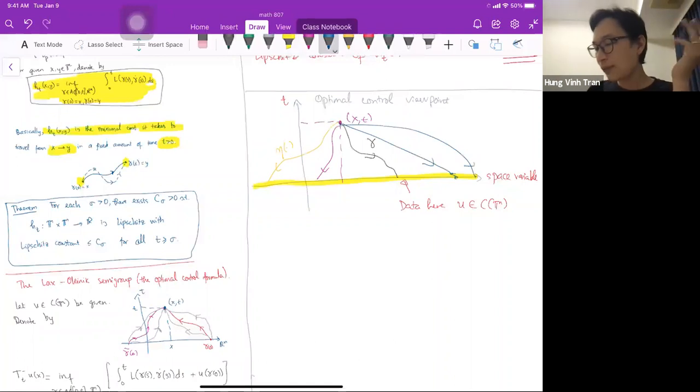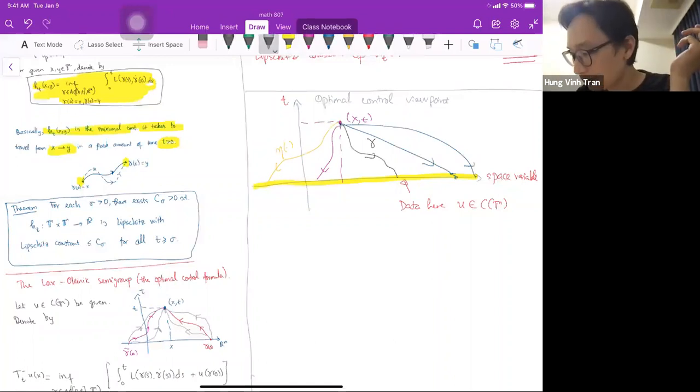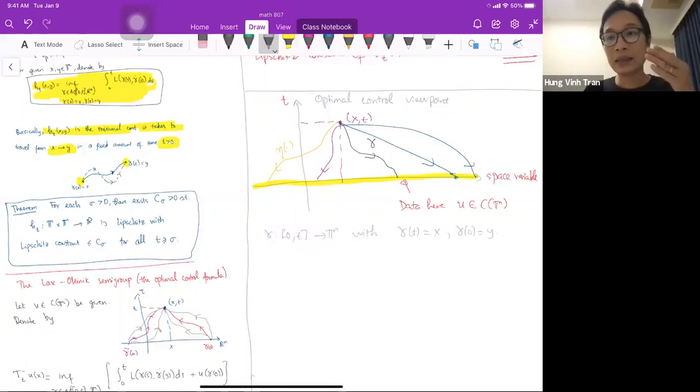Okay, so if we go along the curve gamma, I would have gamma mapping from [0,t] with gamma(t) equals x. And typically I would say that gamma(0) equals y, it doesn't matter. The optimal control framework is that if you run along that path, you can imagine that you are driving along the path, or controlling your boat or whatever along that path.